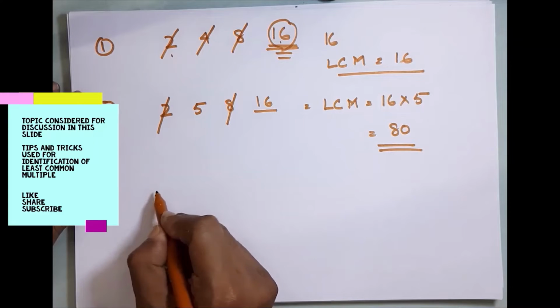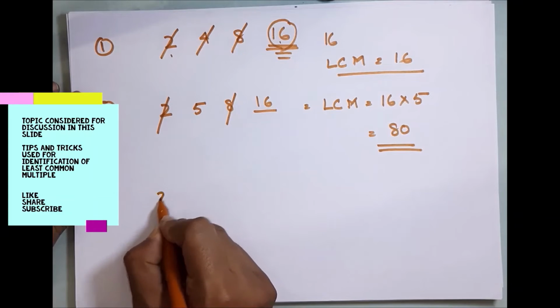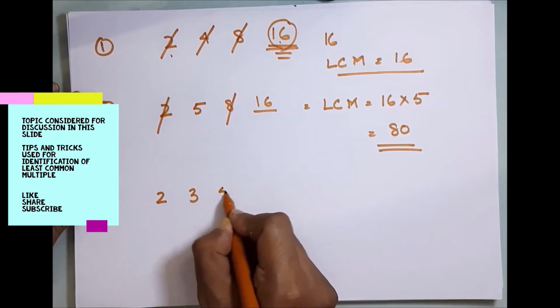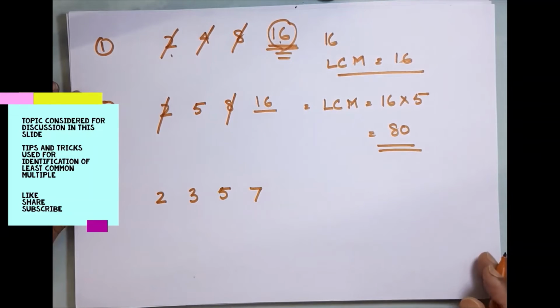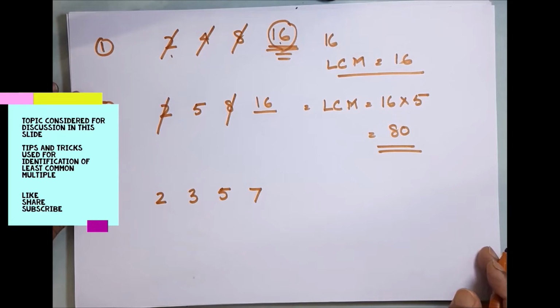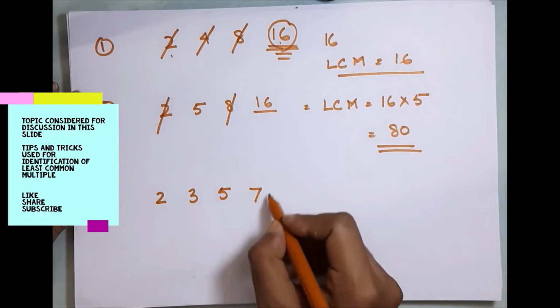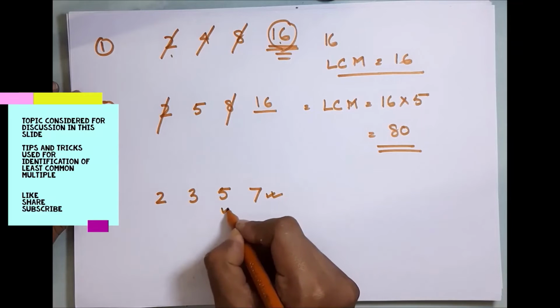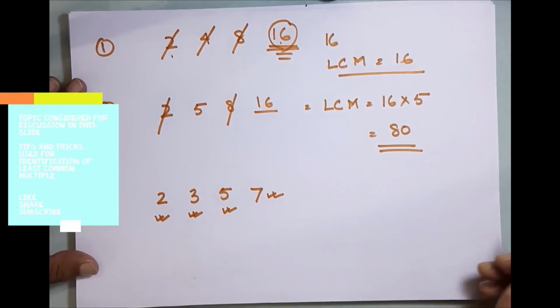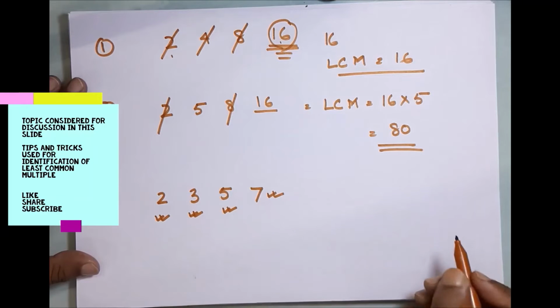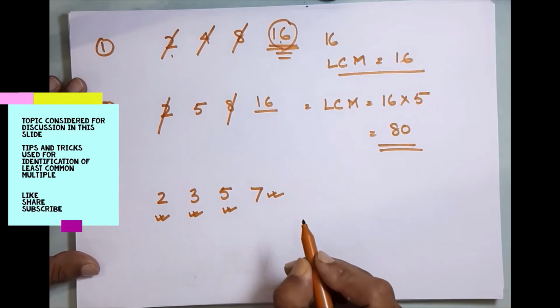Let us consider some numbers, and I have taken 2, 3, 5 and 7 as the numbers for which you have been asked to identify LCM. Now if you see, 7 is a prime, 5 is a prime, 3 is a prime, 2 is a prime. All of them are prime numbers.